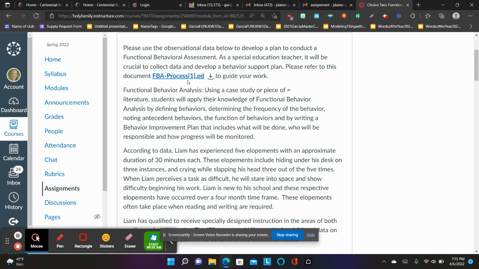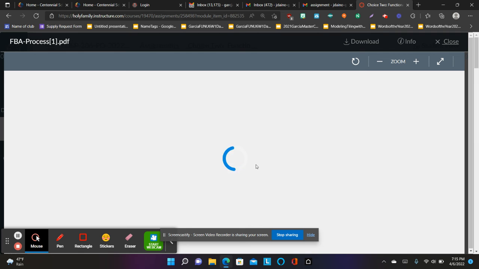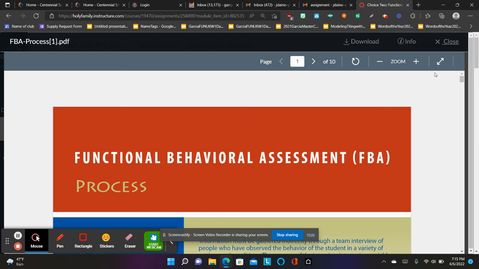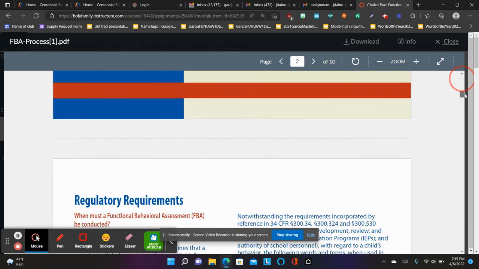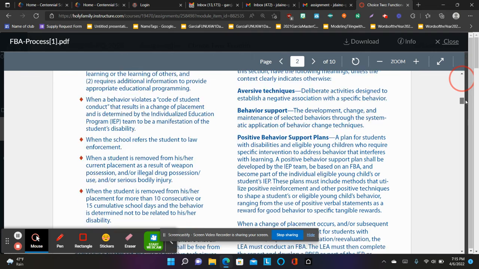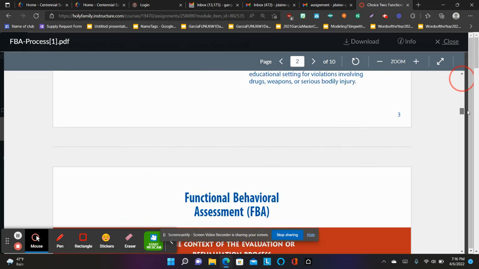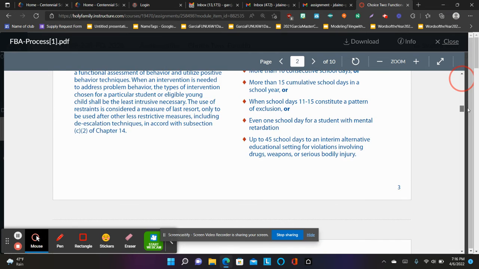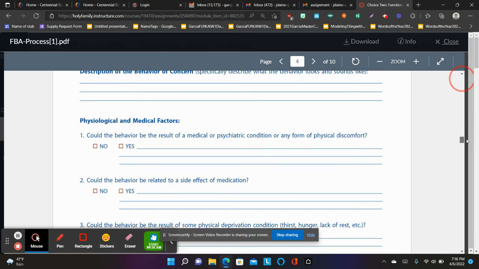Again, similar to the progress monitoring, I've embedded a helpful resource related to the FBA process. And I think I may have given a hard copy of this out in class, just to guide you as a reference and the steps.